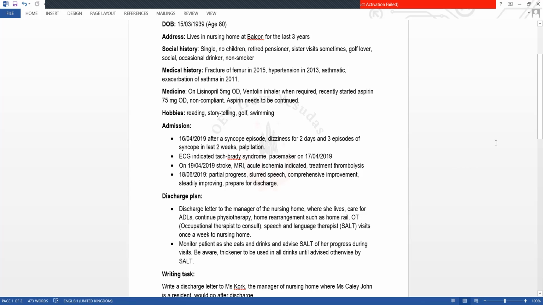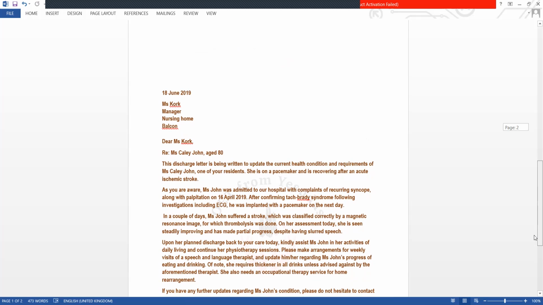One more thing here, we have to monitor Miss Caley John as she eats and drinks. While she eats or drinks, the patient has to be monitored, and advise the speech and language therapist about her progress during the visit. Now we have a special thing here: thickener to be used in the drinks until advised otherwise by the speech and language therapist.